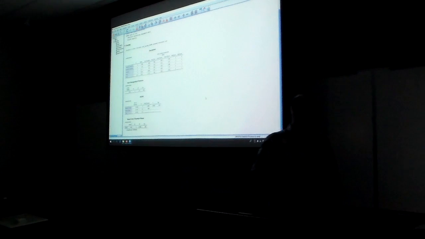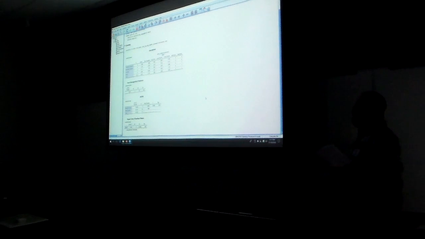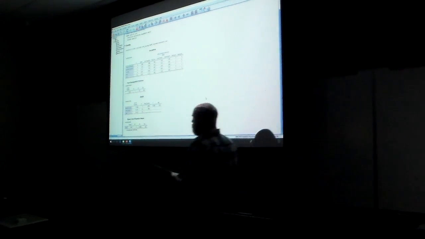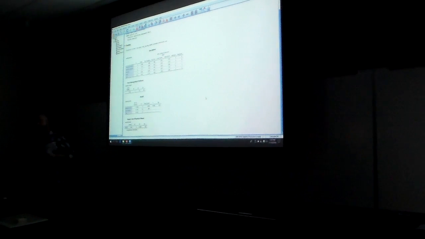Okay, so we have evidence of a reliable difference, and if we flip to the next page, what we've done is set up 3 specific contrasts. So we're saying that based on research evidence, we have some very specific predictions about how these groups differ.